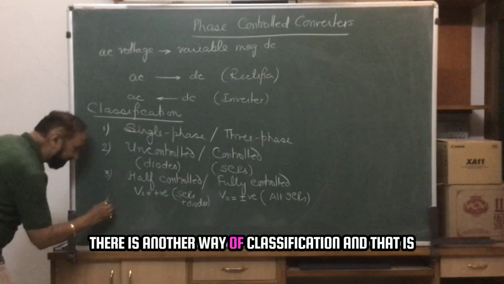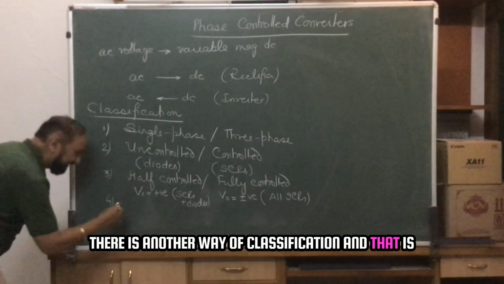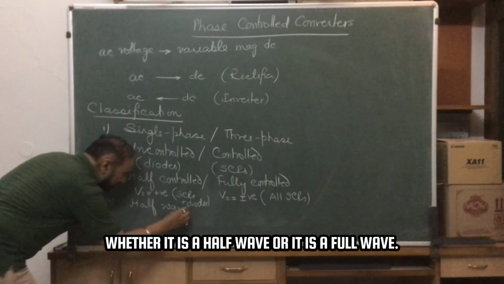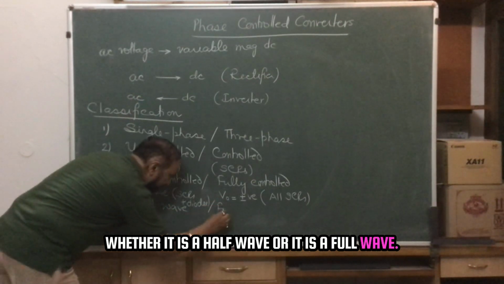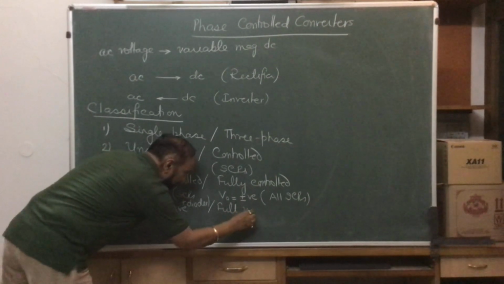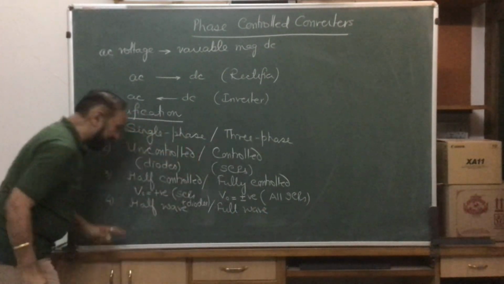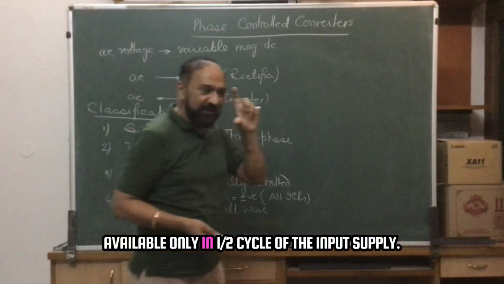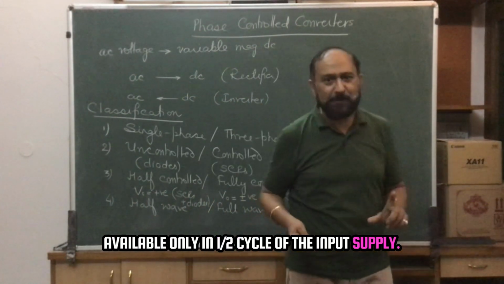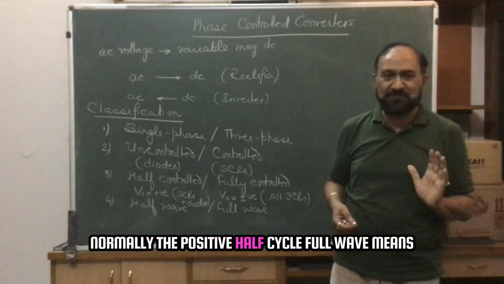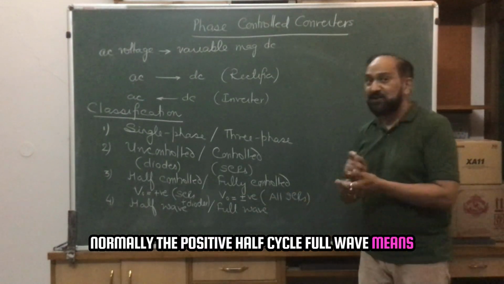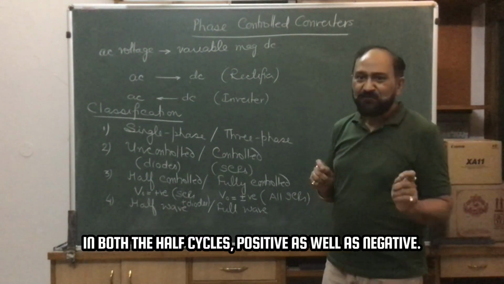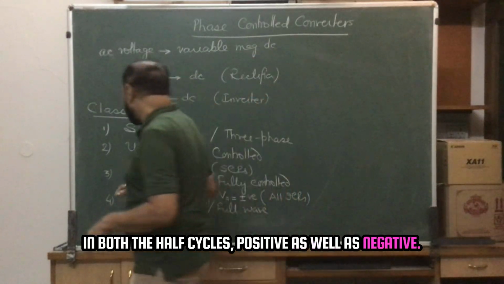There is another way of classification, and that is whether it is a half wave or a full wave. Half wave converter means the output voltage is available only in one half cycle of the input supply, normally the positive half cycle. Full wave means output voltage is available in both the half cycles, positive as well as negative.